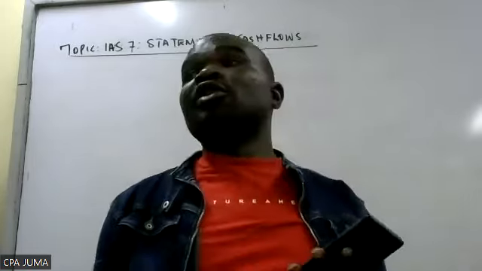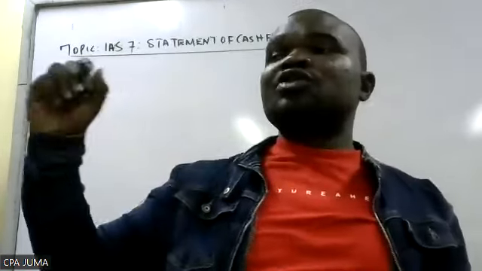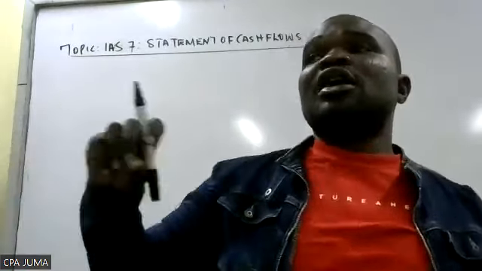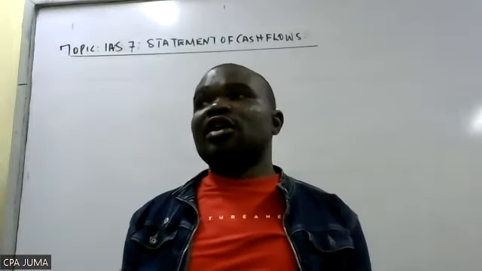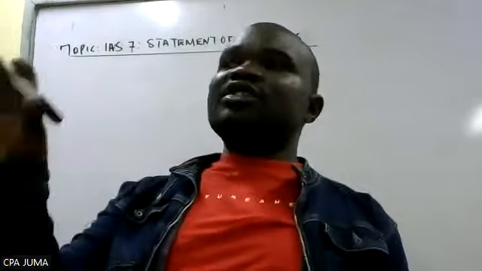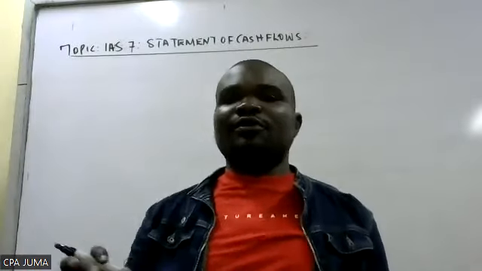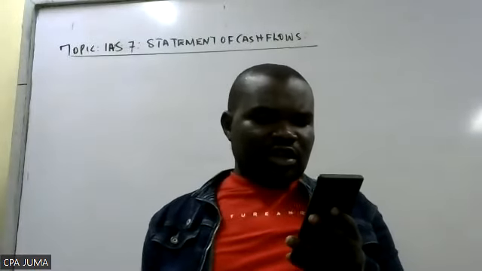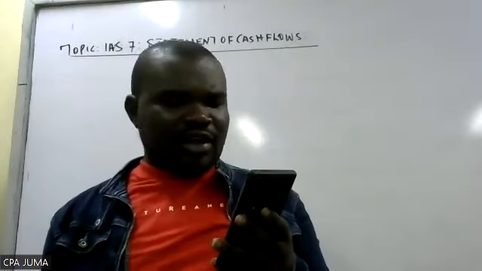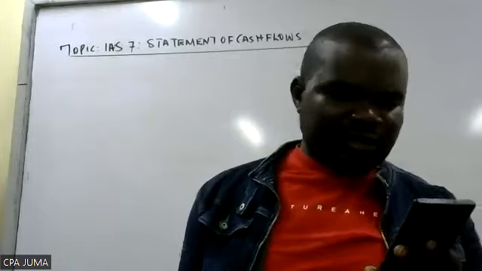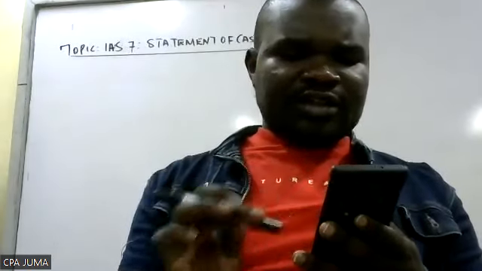So you just tell us how much you received from your customers and how much you have paid to suppliers, nothing much. You don't have to adjust the profit. For operating cash flow, the direct method of presentation is encouraged, but the indirect method is acceptable. Those are just stories. So check the format of indirect method down there.